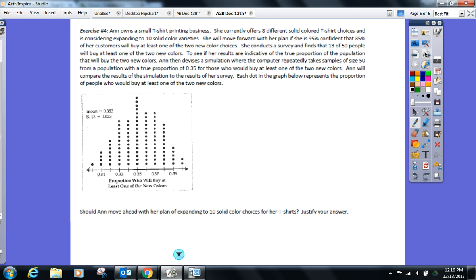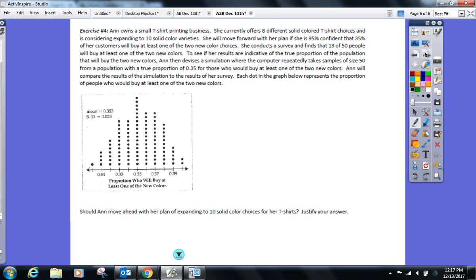Obviously, she's a risk taker, going from 8 to 10 solid color varieties. And she's only going to do it if she's 95% confident that 35% of her customers will buy at least one of the two new color choices.